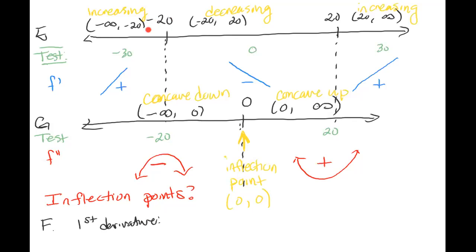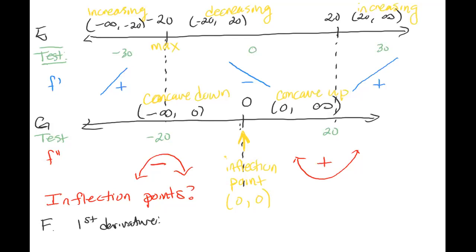To the left of that critical number, the graph is increasing; in other words, the first derivative is positive. To the right, the first derivative is negative and the graph is decreasing. So this is the location of a relative maximum.